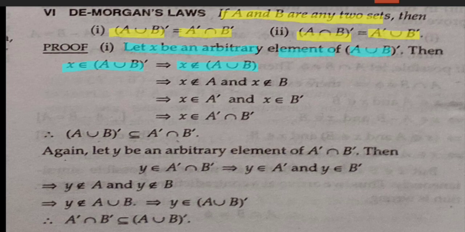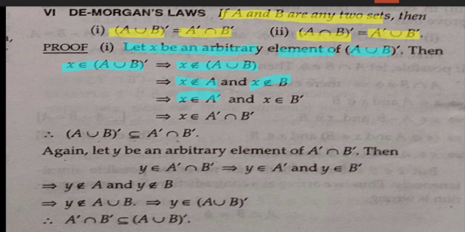If x belongs to (A union B) dash, we can write its opposite, that is, x does not belong to A union B. Again, x does not belong to A union B can be written as x does not belong to A and x does not belong to B, right?